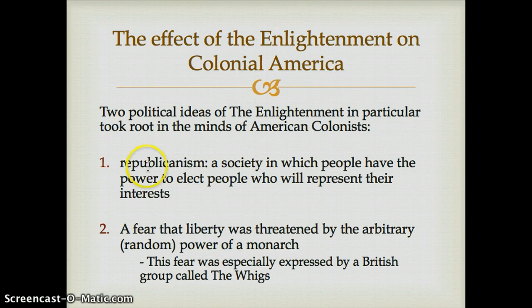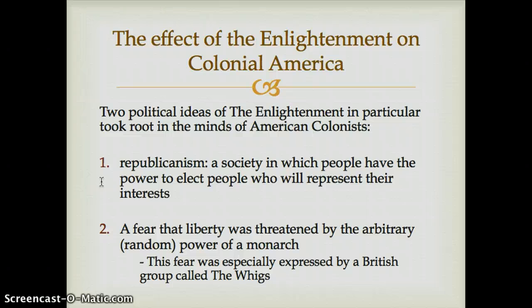Now, when we talk about republicanism in this sense, we're not talking about the Republican Party of today. We're talking about an idea for a way to structure a government. And the first models of republicanism came from the ancient Greek and ancient Roman societies.